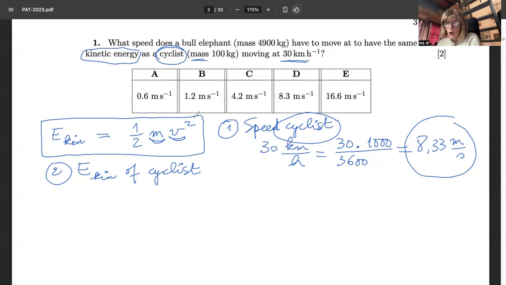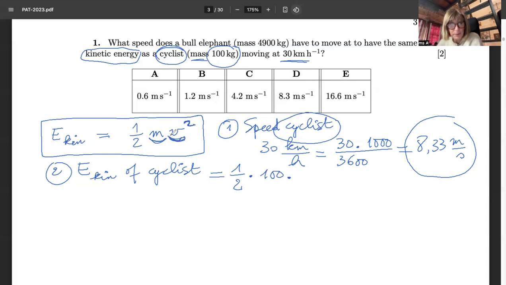So what is the kinetic energy of the cyclist? Well, I take my formula, one half multiplied by the mass. And what was the mass? I'm going back and it was 100 kilos, so 100, right?